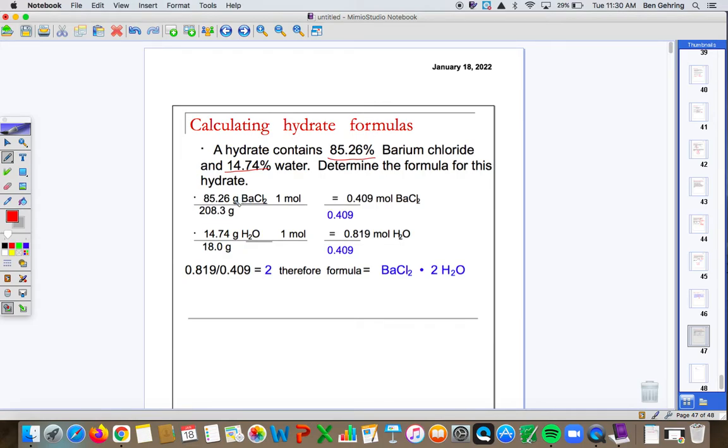So that's 1 barium, which is 137.33, and Cl2 is going to be 2 times 35.453, so 70.906 is going to be your chlorine there.